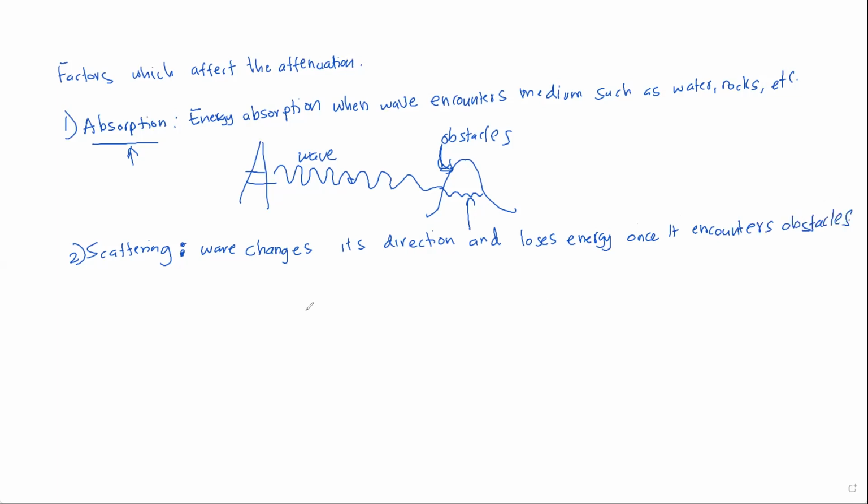Let's say again the mountain: the wave hits it and gets spread over in different directions. Part of the wave can go in one direction, part of the wave can go in another direction. So the energy of the wave is getting dispersed in different directions, and the original signal's energy is getting reduced.